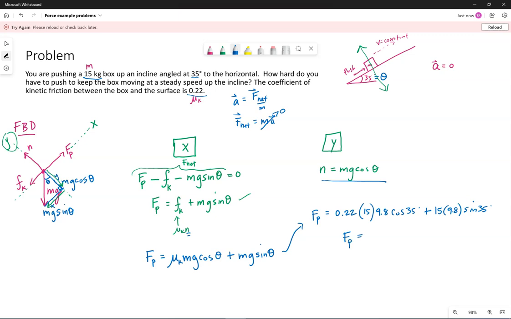So to keep this box moving, I'm getting 111 newtons. I only have 2 sig figs, so approximately 110 newtons is what is needed to keep this box moving up the incline.